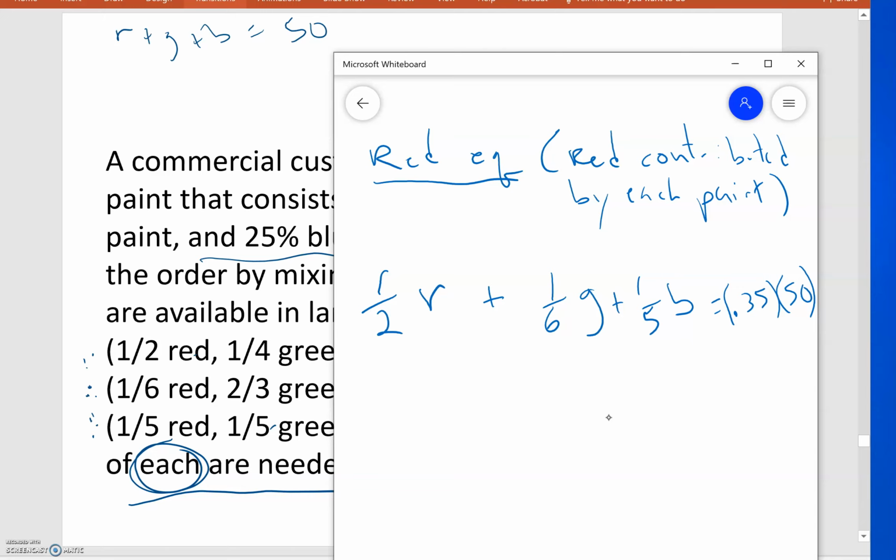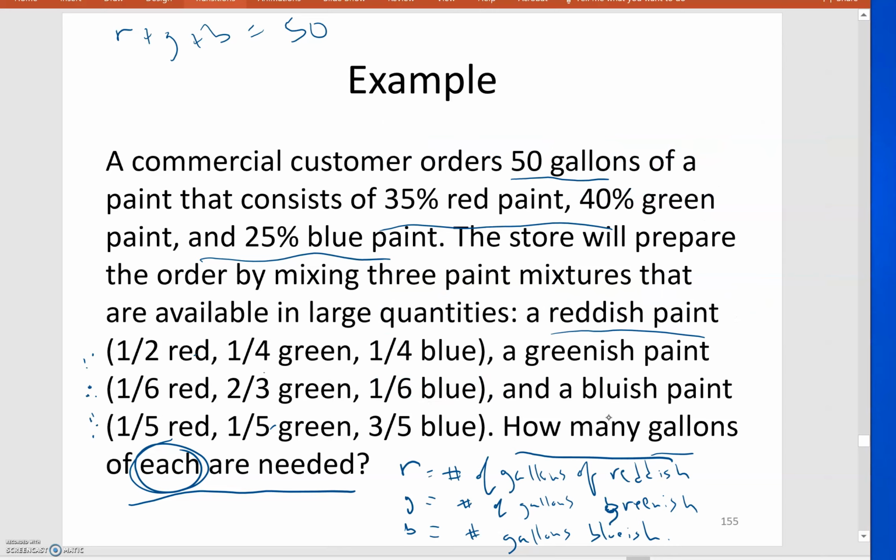So I could write for the green, and this is going to be, just like the red equation, how much green is contributed by each paint. So 1/4 of the reddish paint is green, 2/3 of the greenish paint is green, 1/5 of the bluish paint is green, and together that has to make up 40% of 50 gallons.